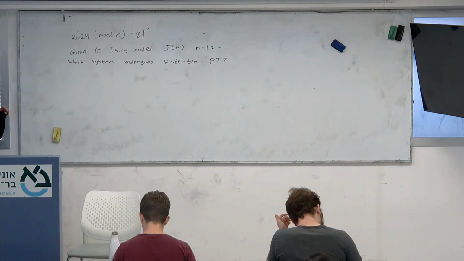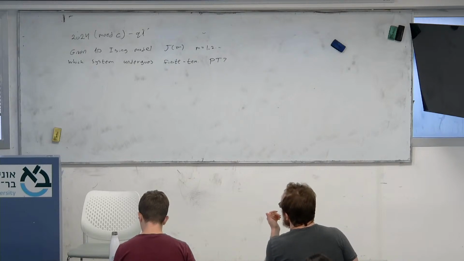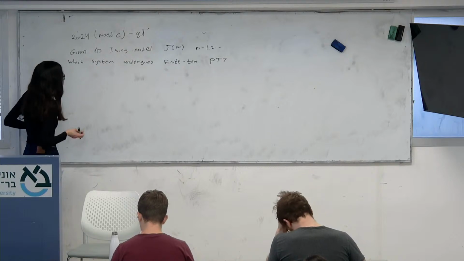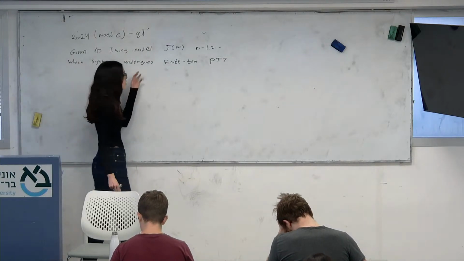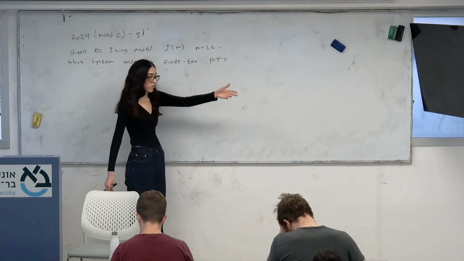We solved a bunch of questions like that during the course, mostly in the tutorial where we talked about phase transition. So we have a coupling that's a function of the distance, so we know this is going to be related to long range interaction. Right?